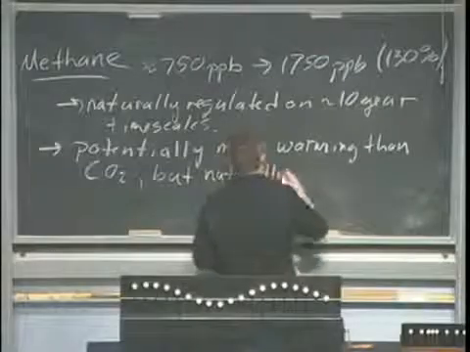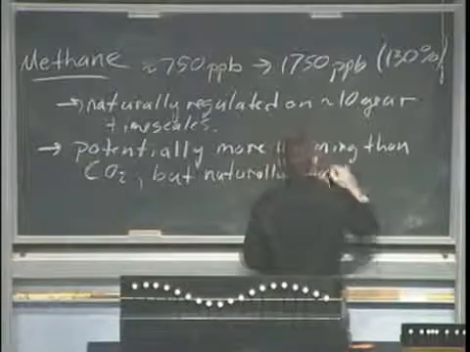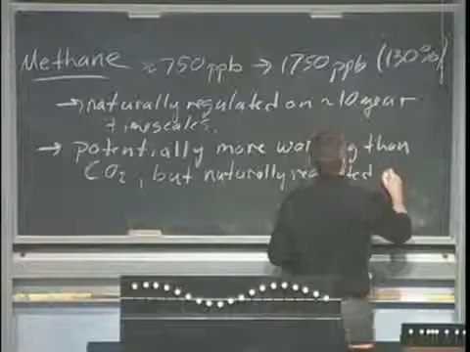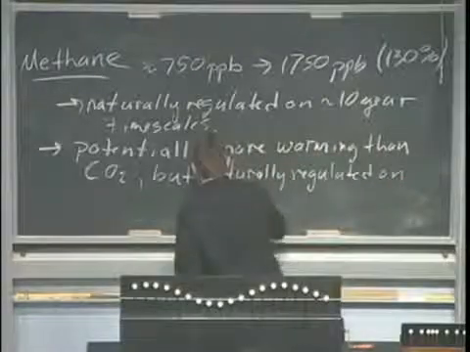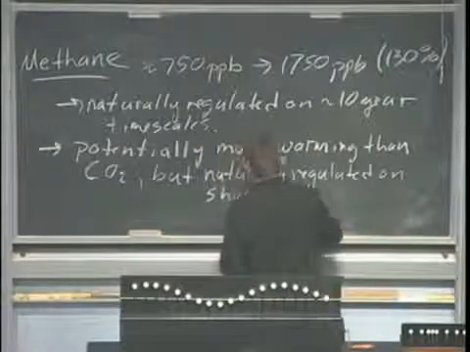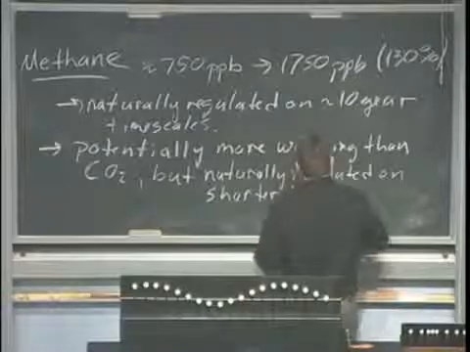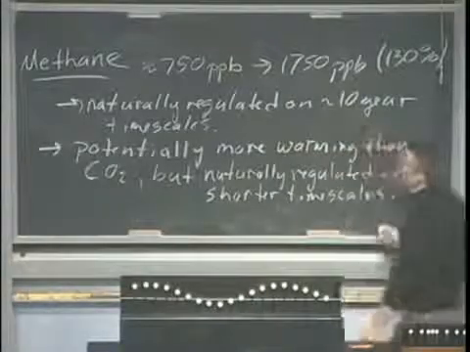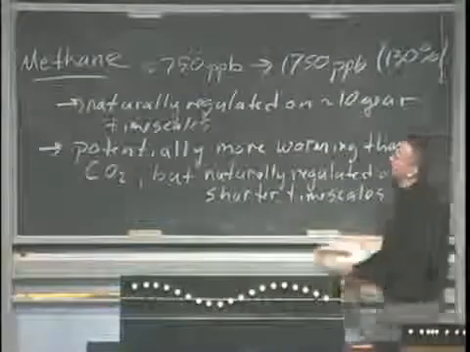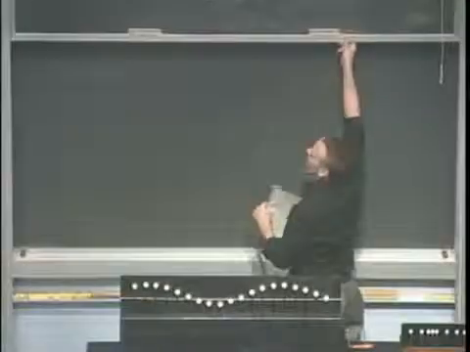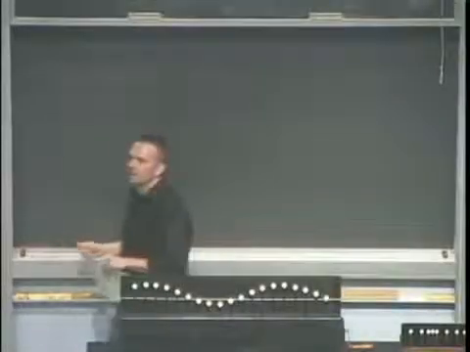So it has the potential of being a bigger effect on the atmosphere in terms of temperature increase, but in some ways it's less of a worry because we know that if we did stop producing all that extra methane that it would go away in a decade or a couple decades.